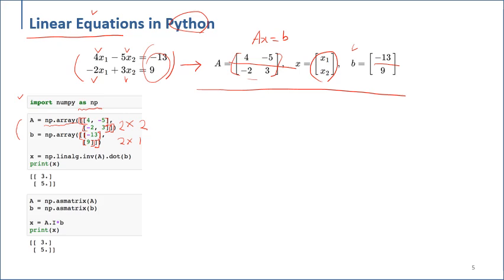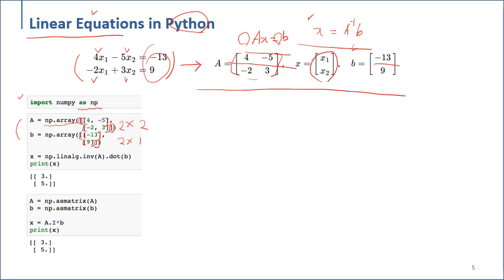And then to solve for x, we can simply obtain x is equal to A inverse times B, right? By multiplying A inverse into both sides, we can obtain this. So let's implement this in Python code.